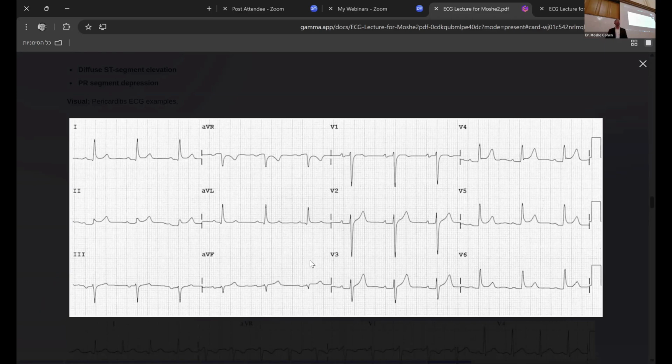Do you have any idea what can be a reason for such a clinical presentation? He's telling you that he had a viral infection 2-3 weeks ago, throat pain, runny nose, and now he's coming with this strange feeling in his chest.